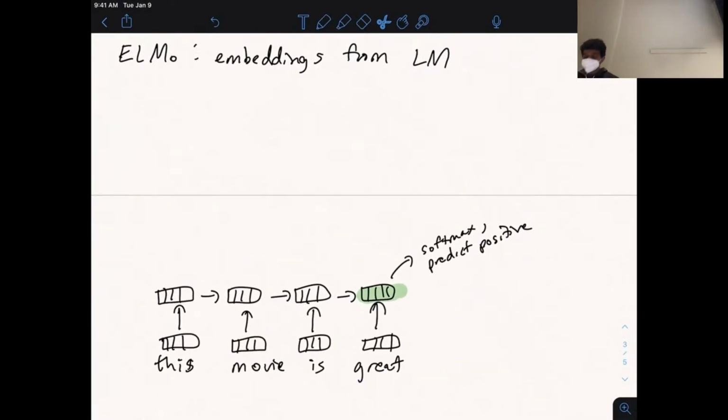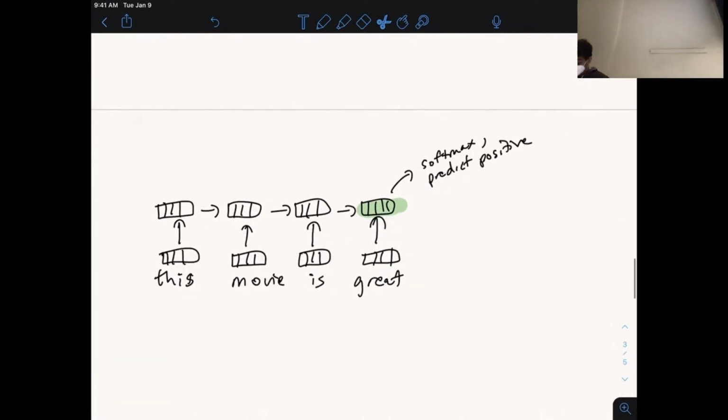The idea behind ELMo was, why do we have to train all of these parameters from scratch? Can we use some language model representations and integrate them into this model so that the recurrent neural network only has to learn how to extract the sentiment representation from these language model representations and does not have to learn composition or anything like that.